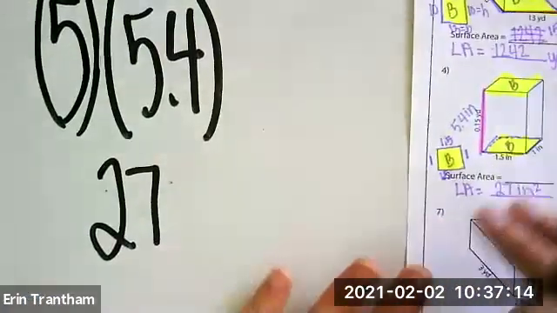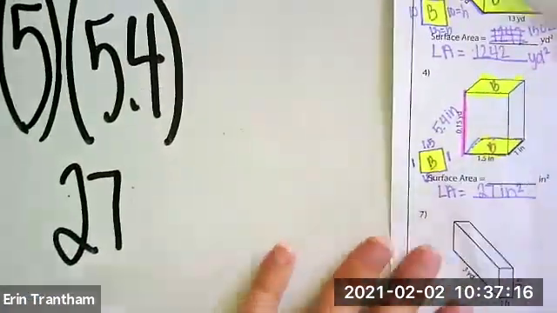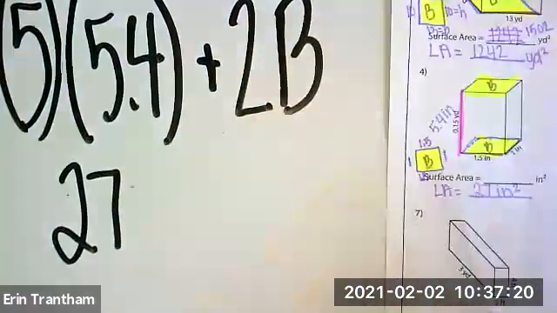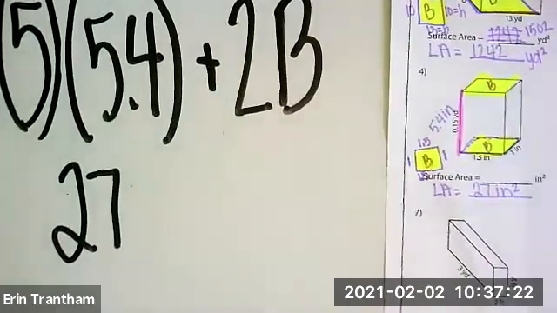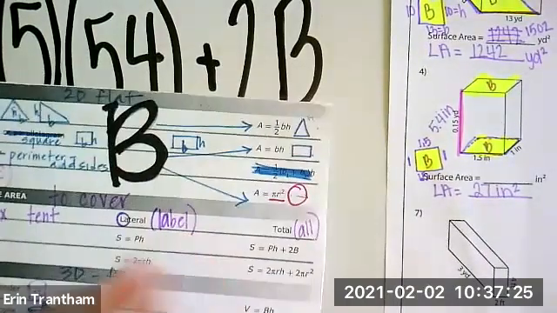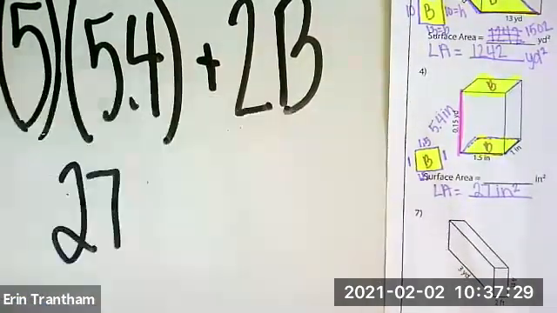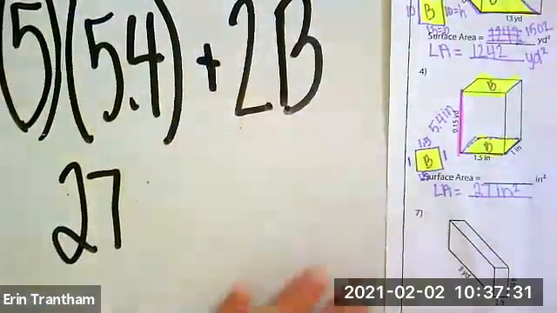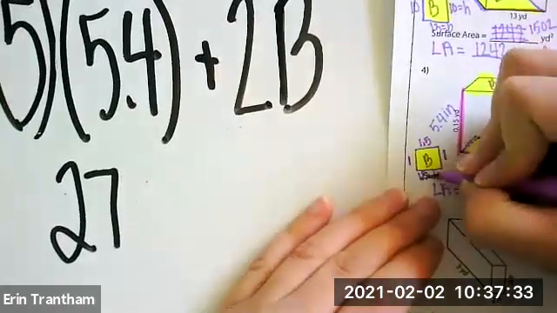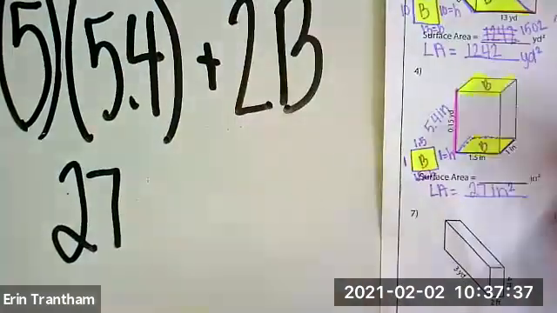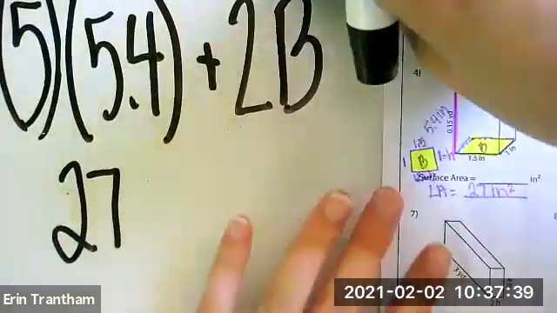In order to find the total surface area, what do we need to do? Add 2 big B. Okay. The shape of our base is a rectangle. The area of a rectangle is little b H. So the base is 1.5 and your height is 1. So 1.5 times 1 is 1.5.